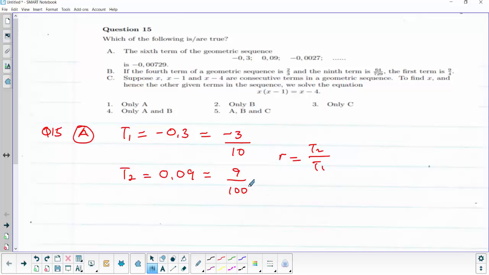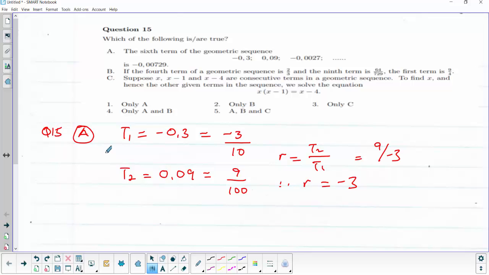But we are going to consider only the numerator, which is going to be 9 over minus 3. Therefore, our common ratio is going to be minus 3.